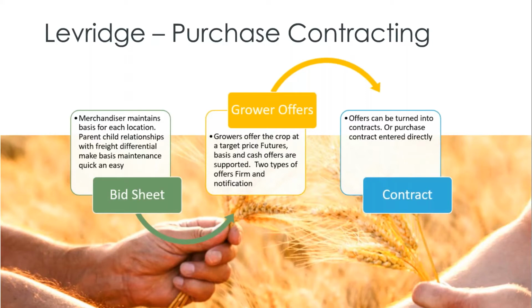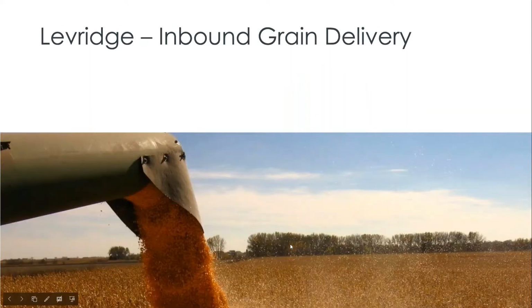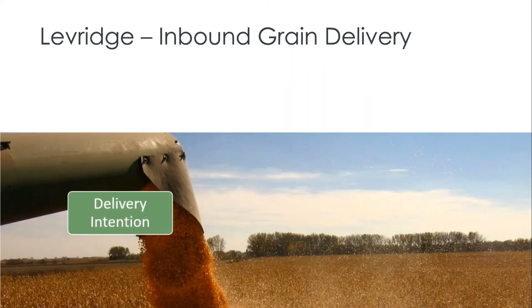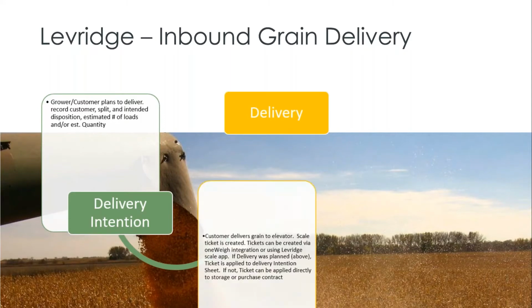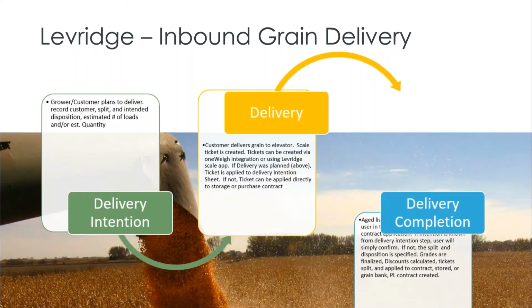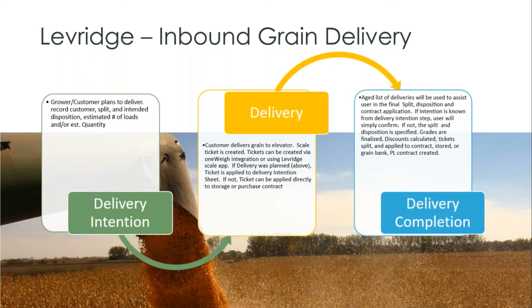And that's the next step, to execute the purchase contract, and we'll have that in a future webinar. So the next screen, we're talking about the grain delivery. We've agreed with the grower to buy the grain. We've built a couple of optional pieces in here: the delivery sheet, the delivery intention, and the delivery completion.